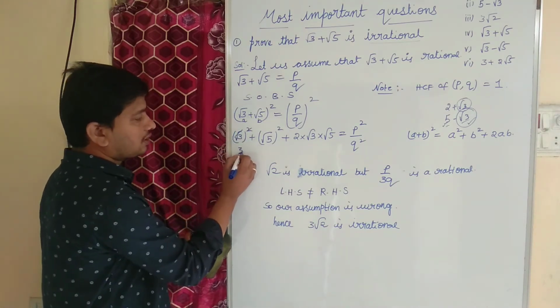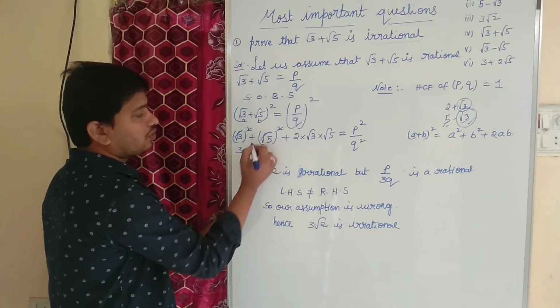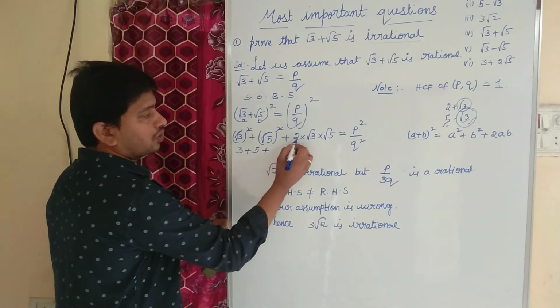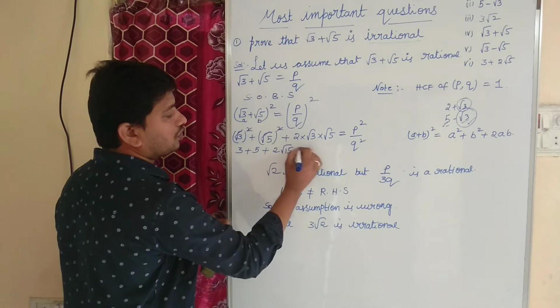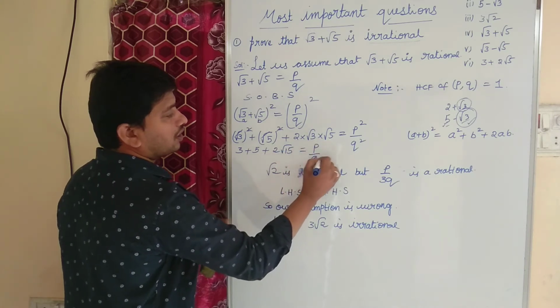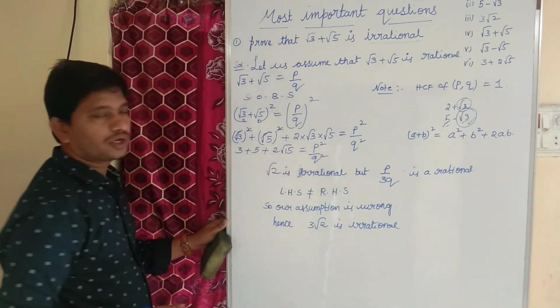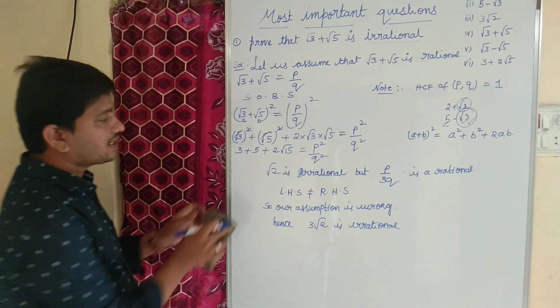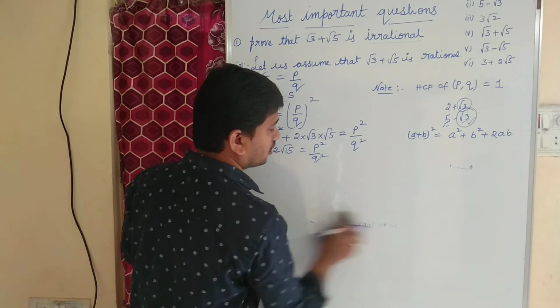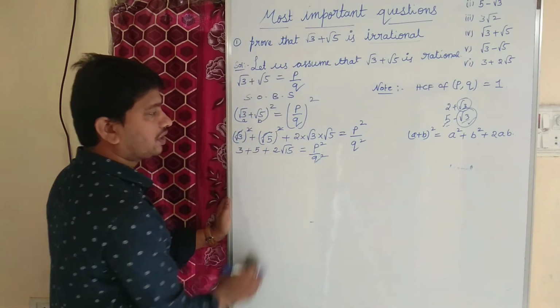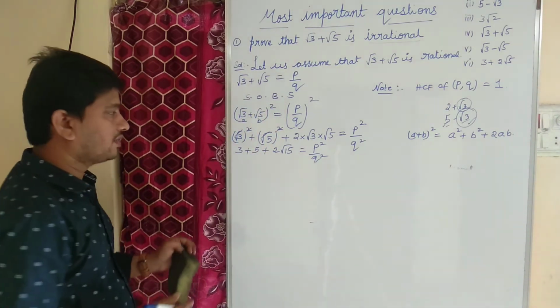Square and root cancel for 3, square and root cancel for 5, and 2 into root 3 into root 5 is 2 root 15, equals p square by q square. So 3 plus 5 plus 2 root 15 equals p square by q square.